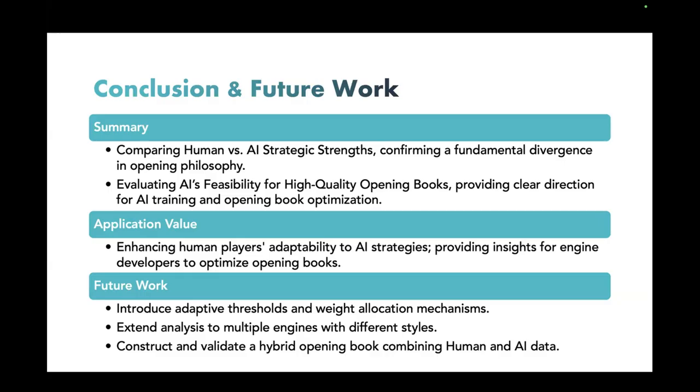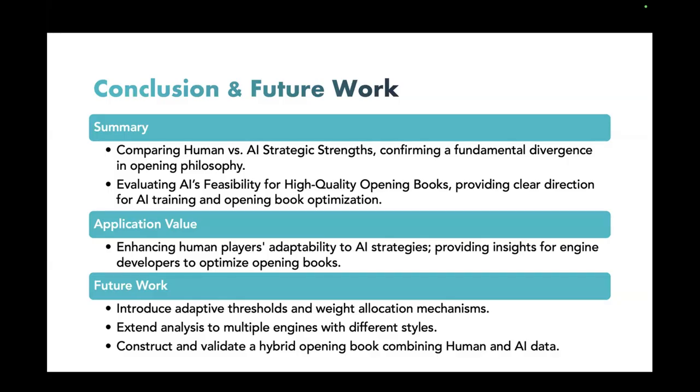Evaluating AI's feasibility for high-quality opening books, the comparison aids in assessing the feasibility of AI-generated opening books. The quantified strengths and weaknesses provide a clear direction for AI training and opening book optimization.